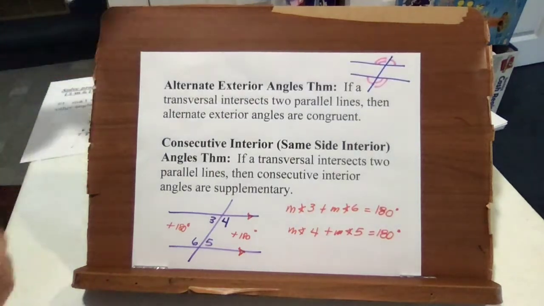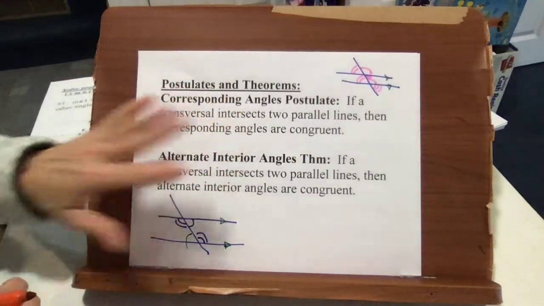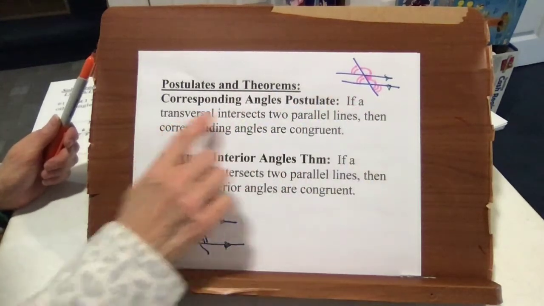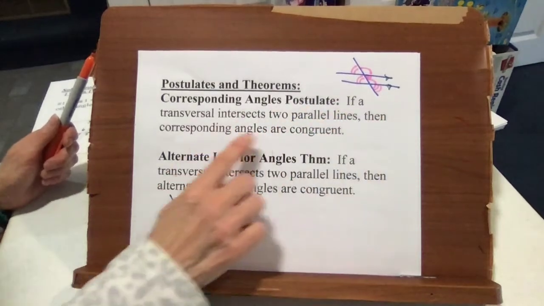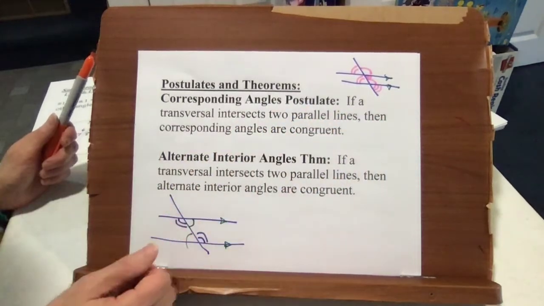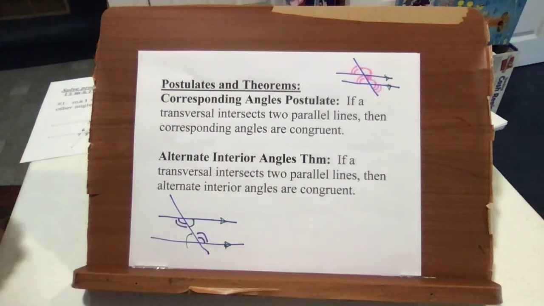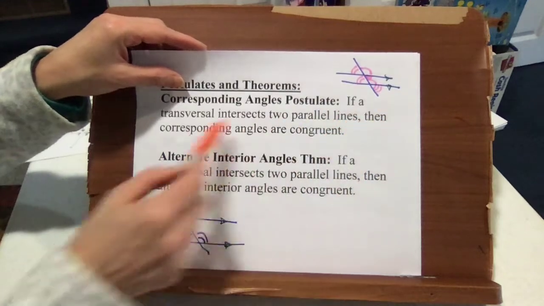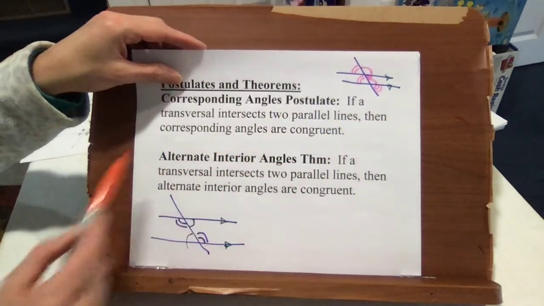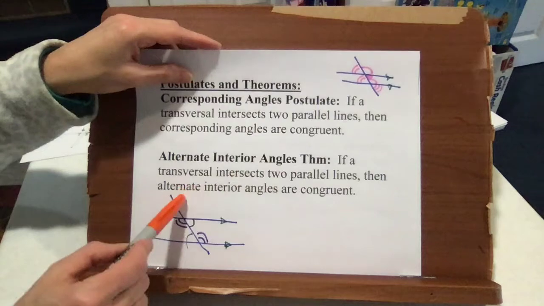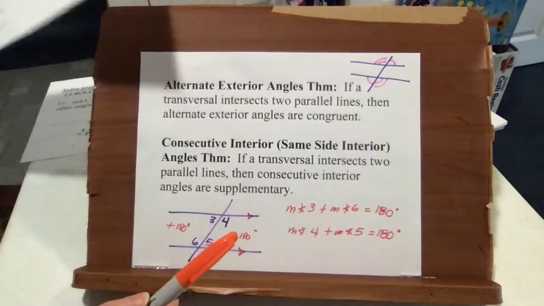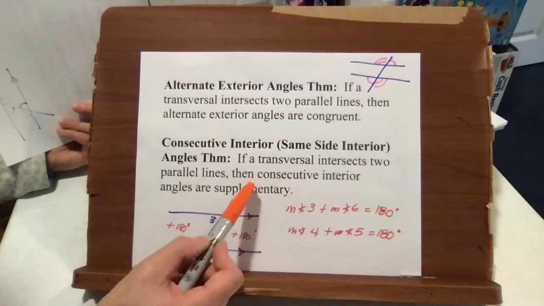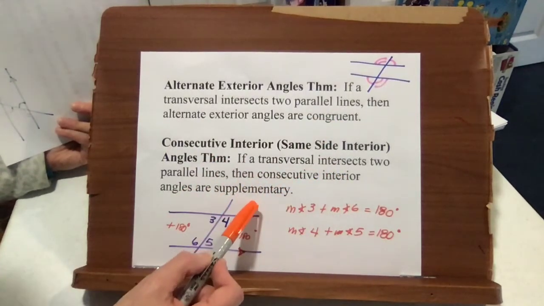If you cannot remember the names of these theorems or postulates, you can say, for your reason in a proof, if a transversal intersects two parallel lines, then corresponding angles are congruent. You can say the whole statement in words that mean the same thing, prefacing it with a transversal intersecting two parallel lines, then your conclusion: corresponding angles are congruent; alternate interior angles are congruent; alternate exterior angles are congruent; and consecutive interior angles are supplementary.